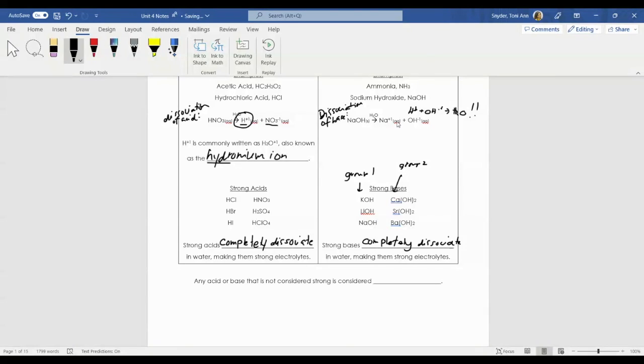Anything that's not considered strong is considered weak. So if I were to tell you ascorbic acid, which is vitamin C, ascorbic acid is not one of the strong acids, therefore it is a weak acid. Aniline is a base, right? It's not one of the strong bases, therefore we would consider it weak.